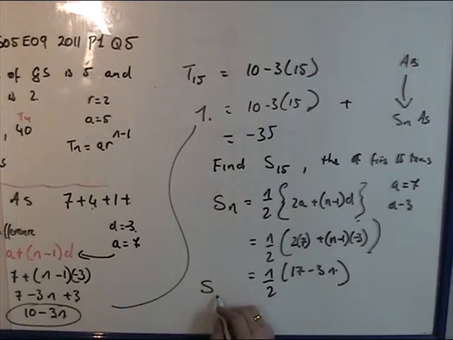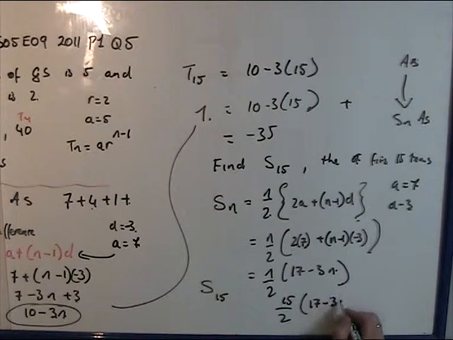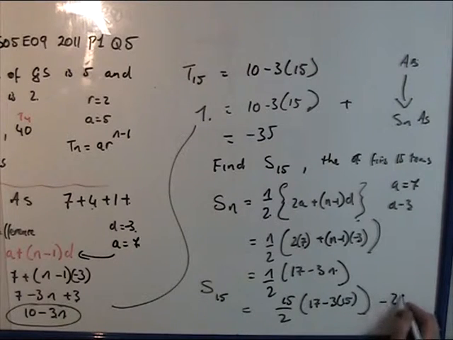It says find s of 15, so wherever you see n, you put in 15. So it's 15 over 2 times 17 minus 3 times 15, close brackets. It's just a multiplication and division, and the answer here is minus 210.